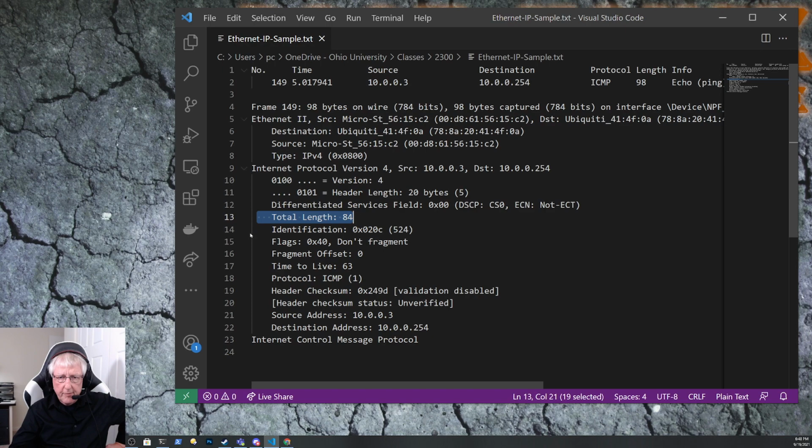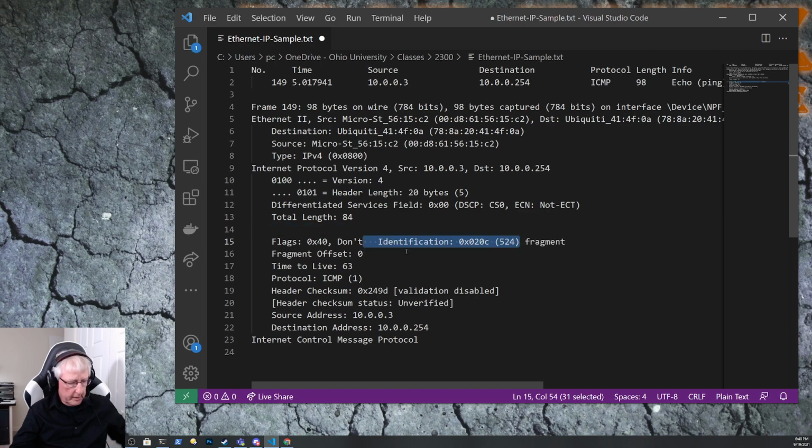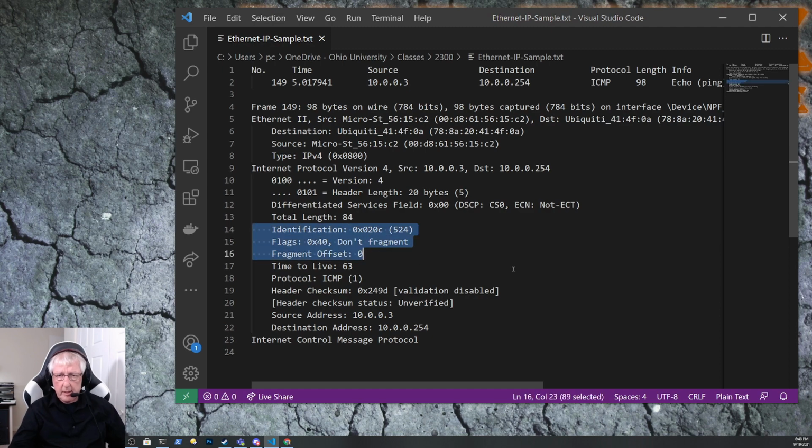Let me say a few things about fragmentation. I'm going to talk more about that once we actually start talking about forwarding, because this happens during that process. There are a couple of different header pieces that are all tied together and relate to this concept of fragmentation.